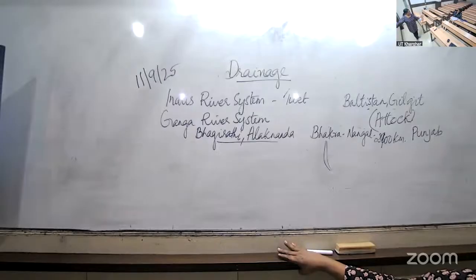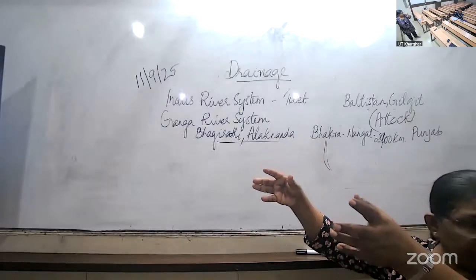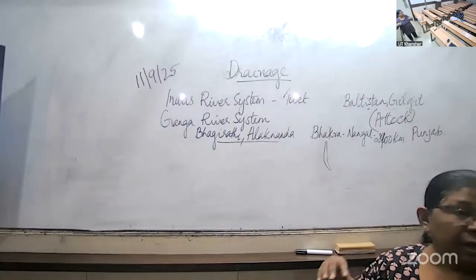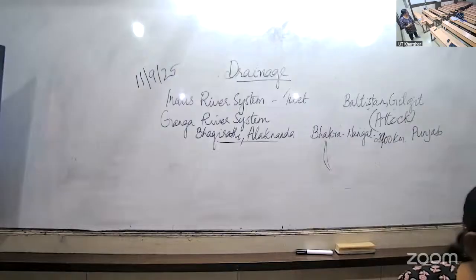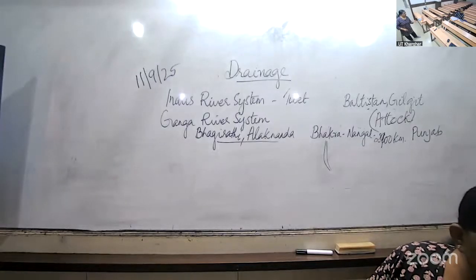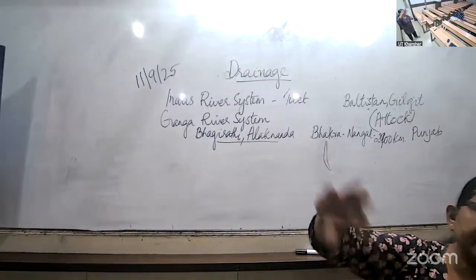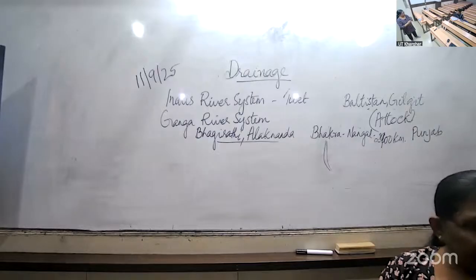From the north, from the Nepal Himalayas, these three rivers originate, and they cause heavy damage to life and property through floods. Another thing: from the peninsular plateau, three rivers flow towards the north and join Ganga.